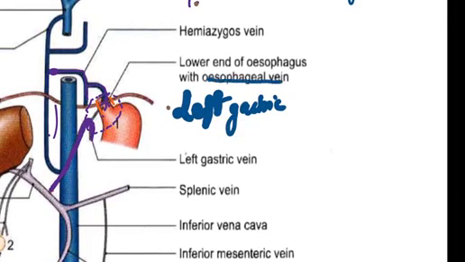Okay, so this is the first site of the portocaval anastomosis, that is the lower end of the esophagus.